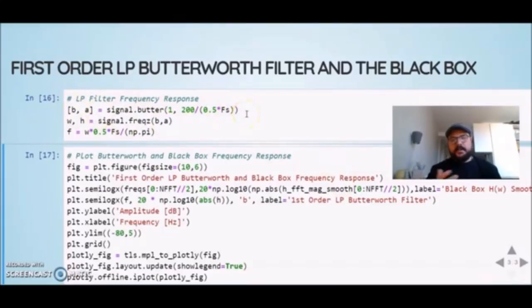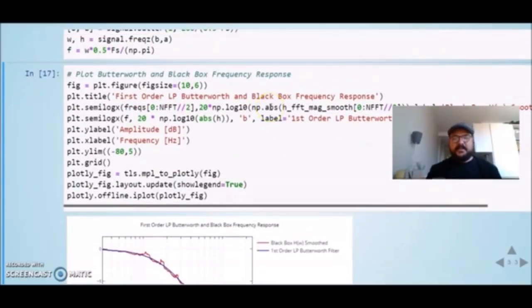Then I simulated some kind of impulse response using 128 points. So it's a truncated version of the impulse response of a Butterworth filter, as analog filters have infinite impulse response, but we can have an approximation by truncating. So this is what I used to construct this black box.